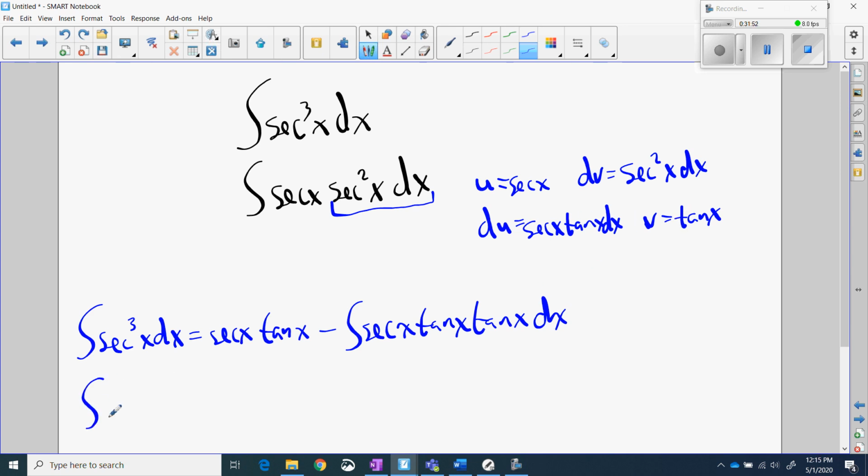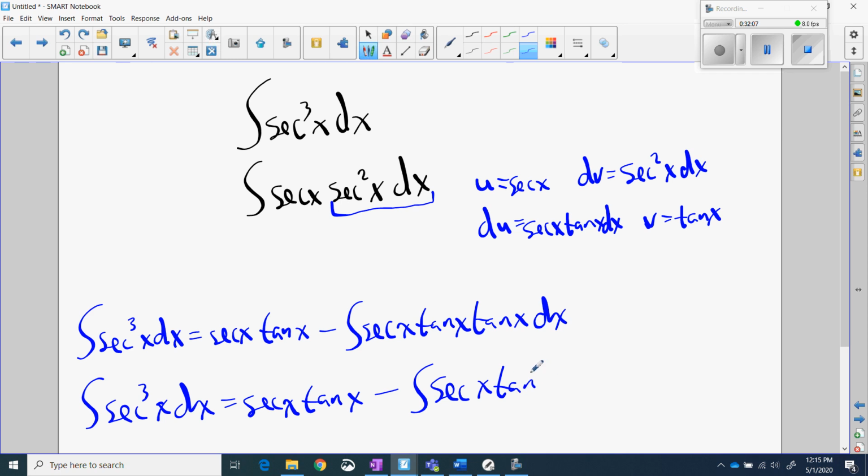Well, let's just see what we're dealing with here. So I've got the integral of secant cubed x dx equals secant x tangent x minus the integral of secant x tangent squared x dx. So then my question is, is this integral any better than this?